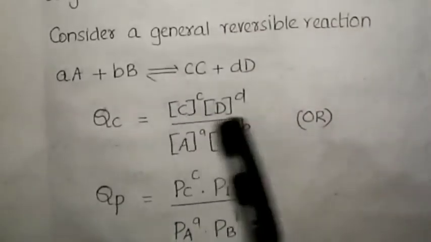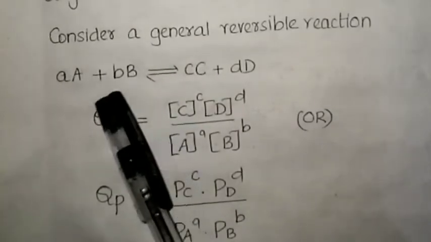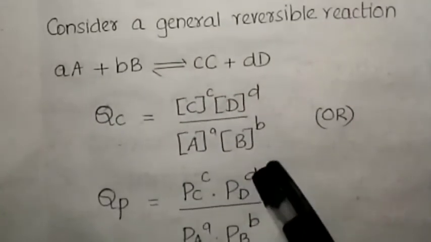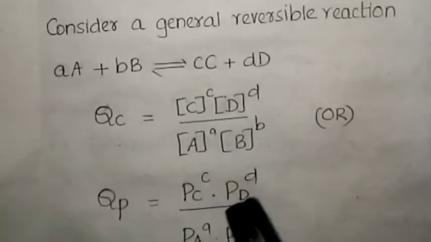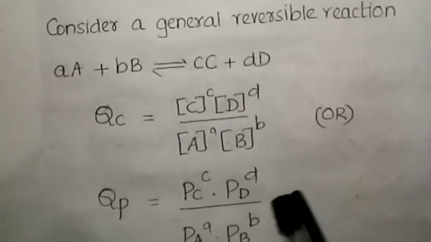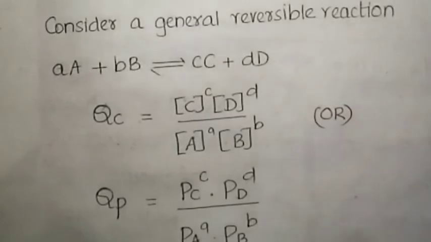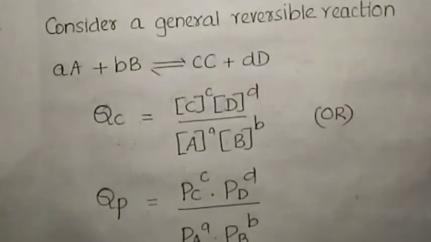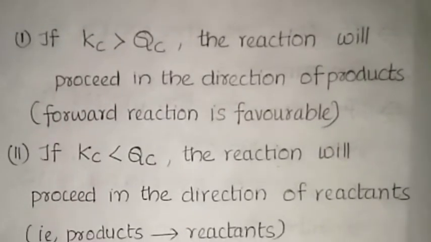In the case of pressure, we can write Qp is equal to Pc to the power c into Pd to the power d divided by Pa to the power a into Pb to the power b, in terms of partial pressures. From the values of Kc and Qc, we can predict the direction of reaction.